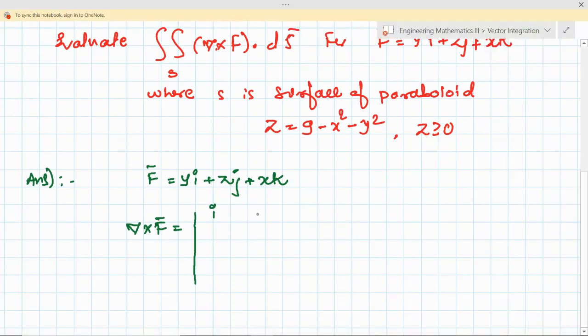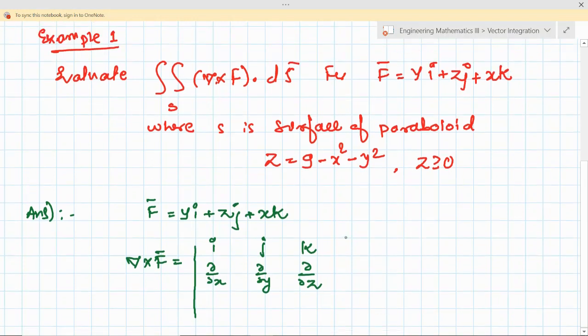So this is i, j, k, del by del x, del by del y, del by del z. And then f1 is y, f2 is z, and f3 is x, that is f1 i plus f2 j plus f3 k.